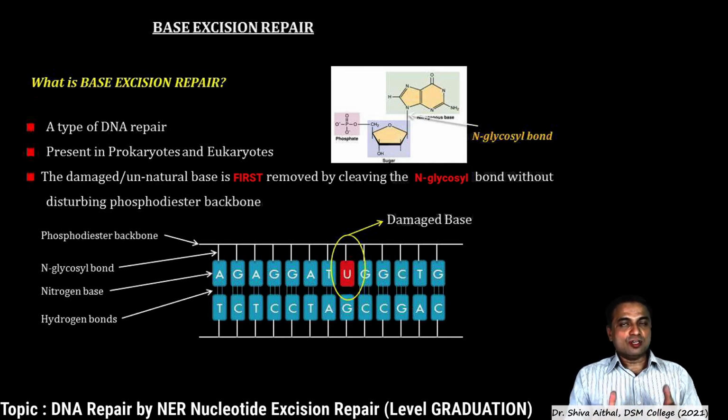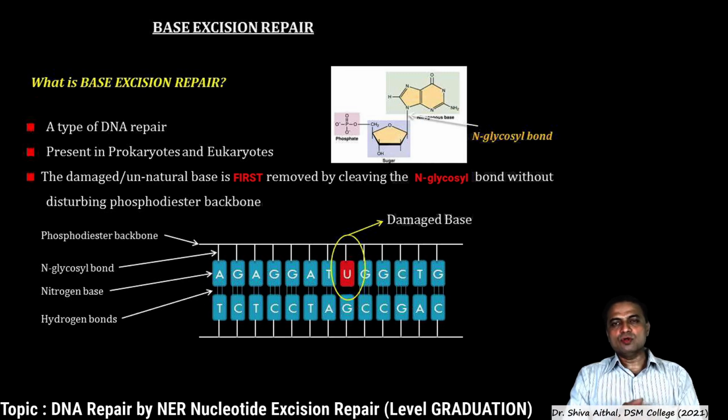The damaged or abnormal bases, that is the unnatural bases, are first cleaved by removing one bond, the N-glycosyl bond. You can see here the bond which connects the nitrogen base to the sugar at the first carbon. That linkage connecting the base to the sugar at the first carbon is the N-glycosyl linkage.